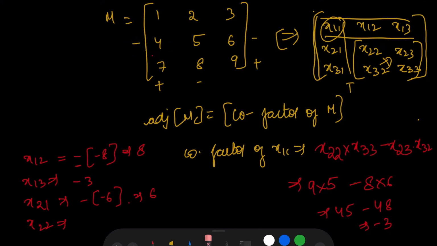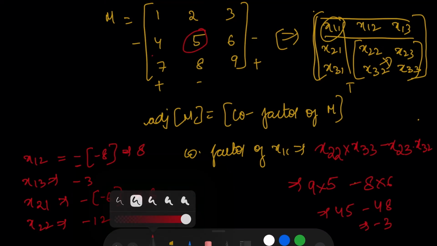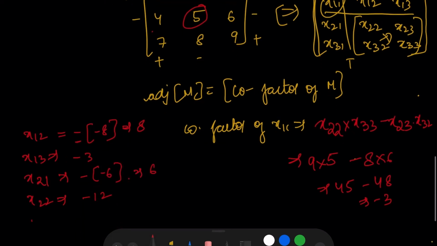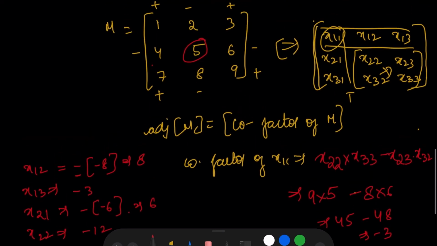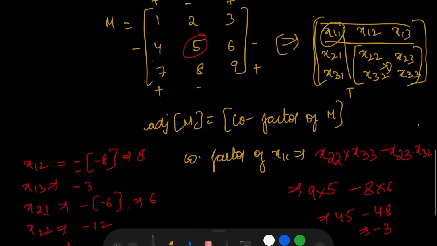Similarly x22, you have to ignore the second row and the second column. So 9 minus 21 is minus 12, and the sign here will be a positive sign. For x23, it will be a negative sign, so negative. So for the element x23, it will be equal to negative into, ignoring the third column and second row, 1 into 8 minus 14, so 8 minus 14 is minus 6, so that is equal to 6.